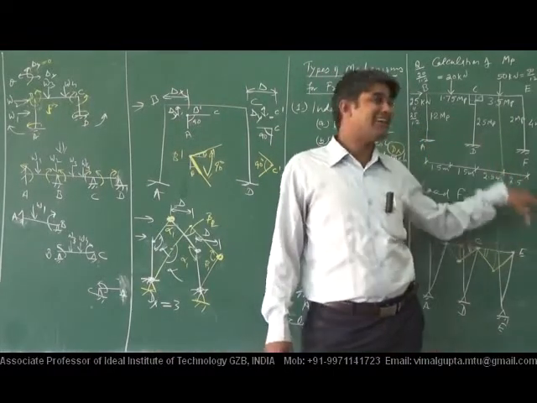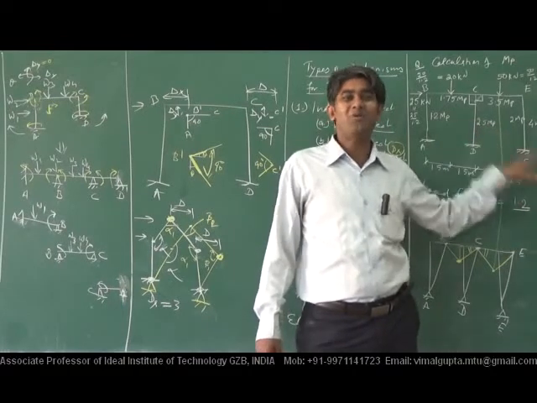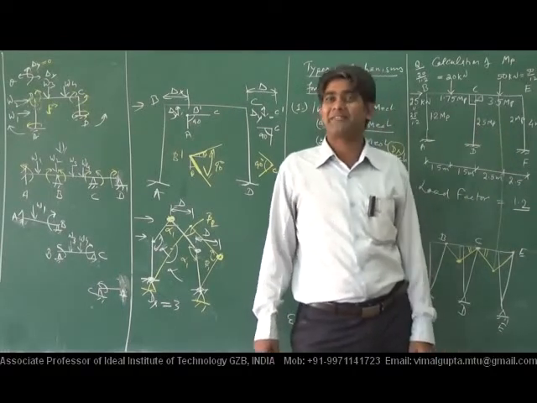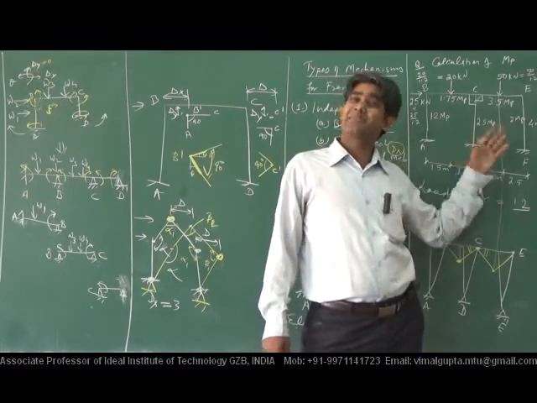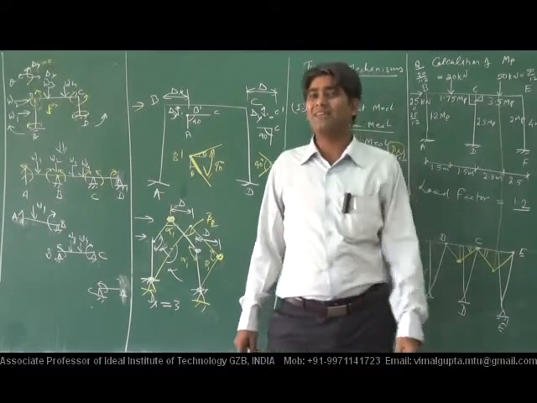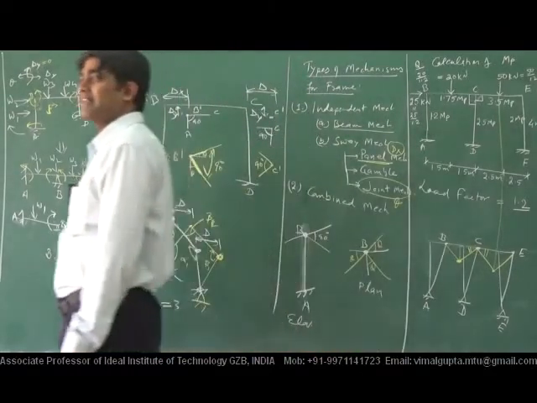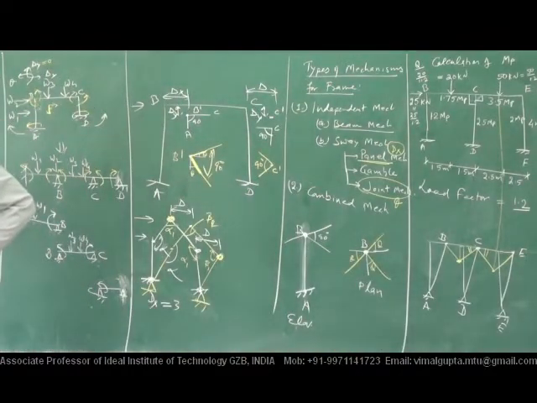If anything is missing, you will not be able to solve that. If you are able to answer that question, it means almost everything has been cleared now. Clear to everybody?